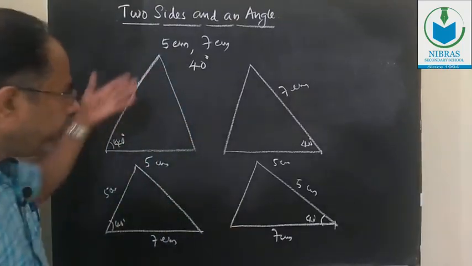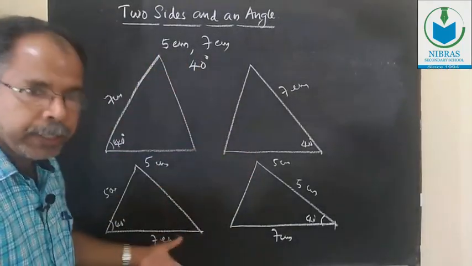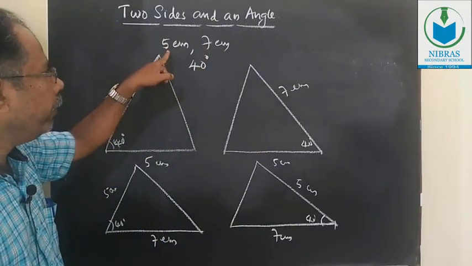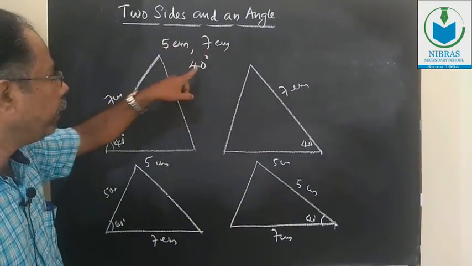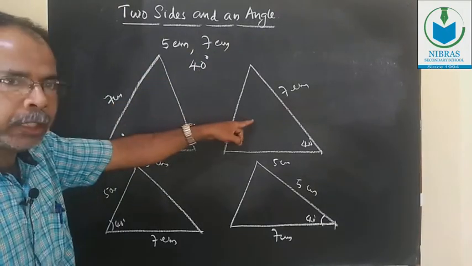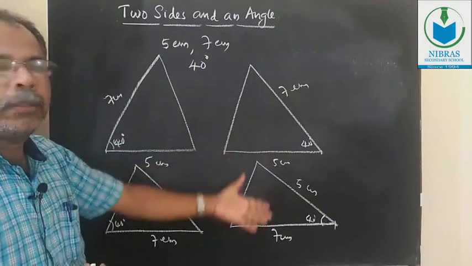These are different ways we can draw this triangle. Which triangle? Two sides 5 centimeter and 7 centimeter and the angle between them 40 degree.